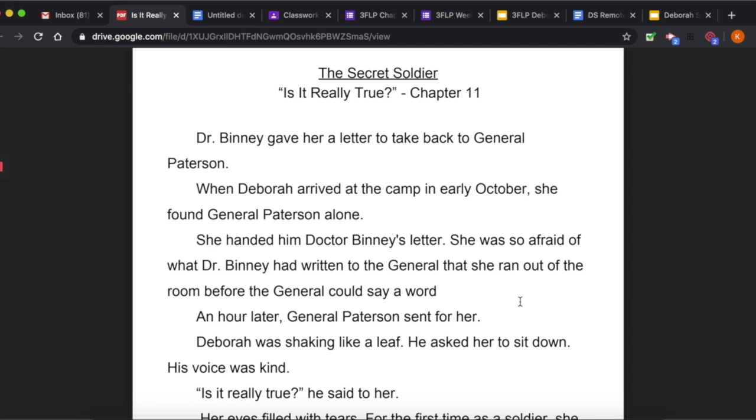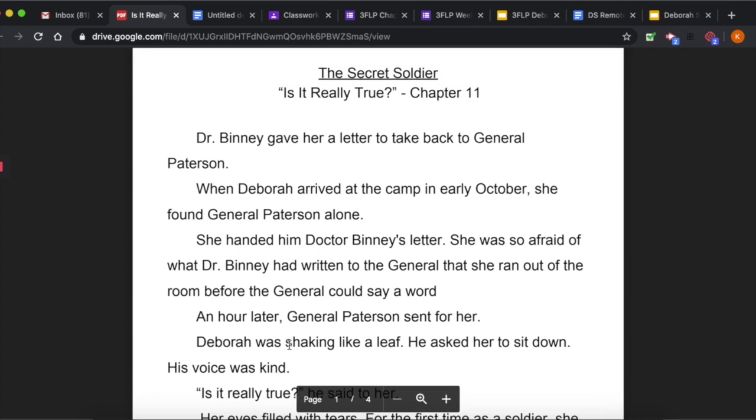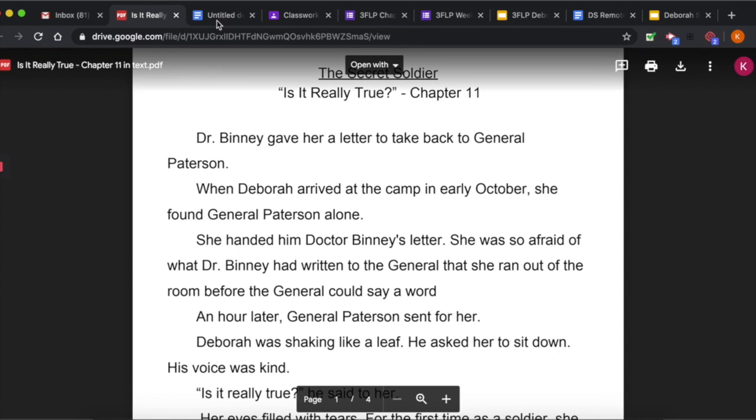Deborah was shaking like a leaf. He asked her to sit down. His voice was kind. So I did notice that it says she was so afraid that she ran out of the room. An hour later, Deborah is shaking like a leaf. Okay, so I can't give you the answer, but hopefully that will help a little bit.